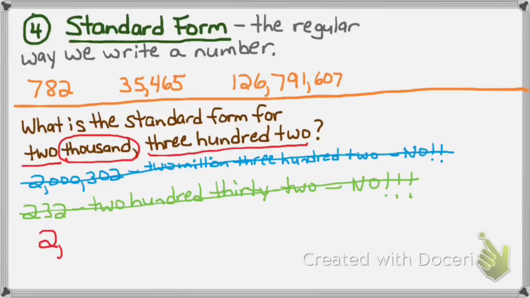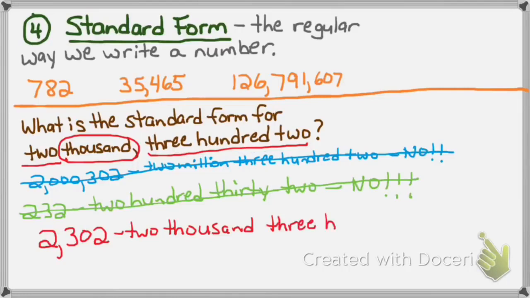and it says 302. How do I write 302? Standard form, 302. There's nothing else after that. It doesn't have the name of any of the periods, so this is my final number. Let's double check it and see. If I read this number, it reads 2,302.